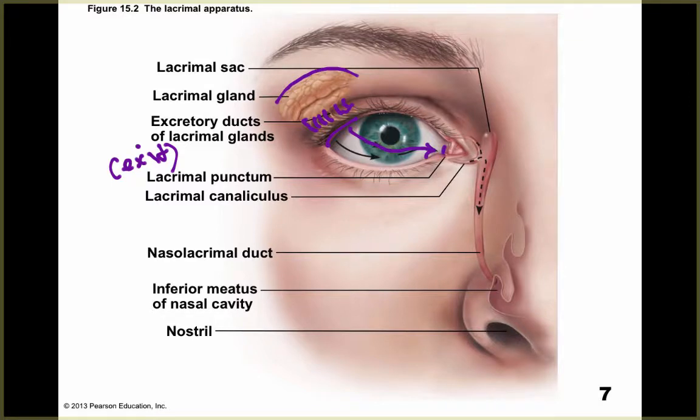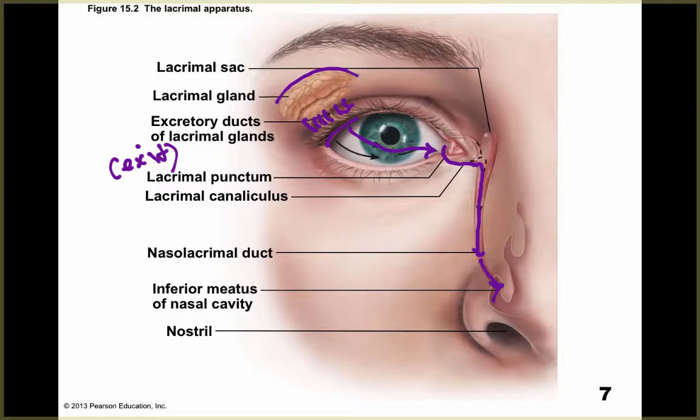So it goes in here through the lacrimal canaliculus down until we get into the nasolacrimal duct, and then it continues into the inferior meatus of the nasal cavity.